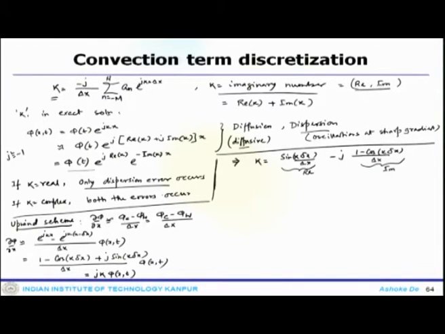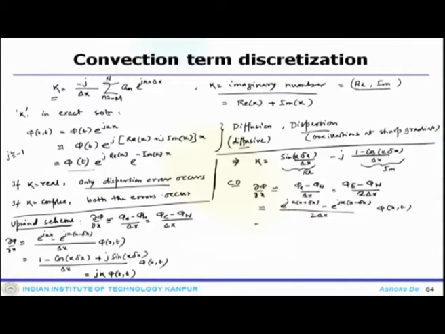Now, at the same time if you look at the CD scheme, the del phi by del x would be phi e minus phi w by 2 delta x, which one can write as e to the power j k x plus delta x minus e to the power j k x minus delta x, divided by 2 delta x, phi x t.